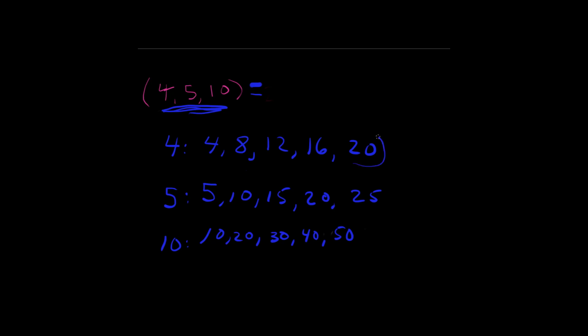It looks like I found a 20, and a 20, and a 20. That was our first match in all three columns, and that's what we want to use as our least common multiple. So the least common multiple of 4, 5, and 10, all three of those numbers, is the number 20.